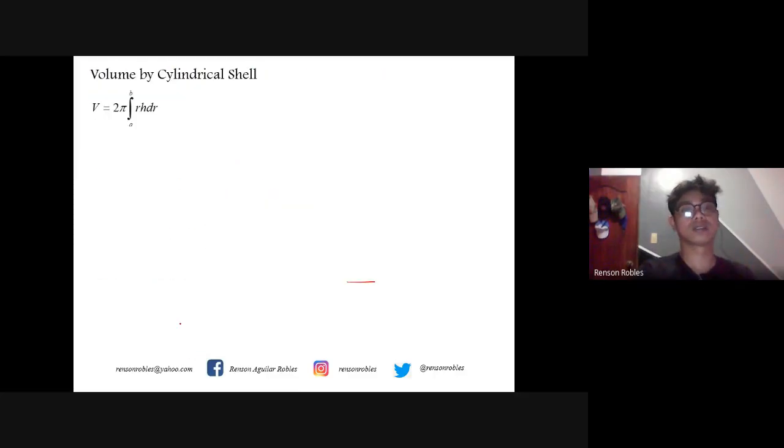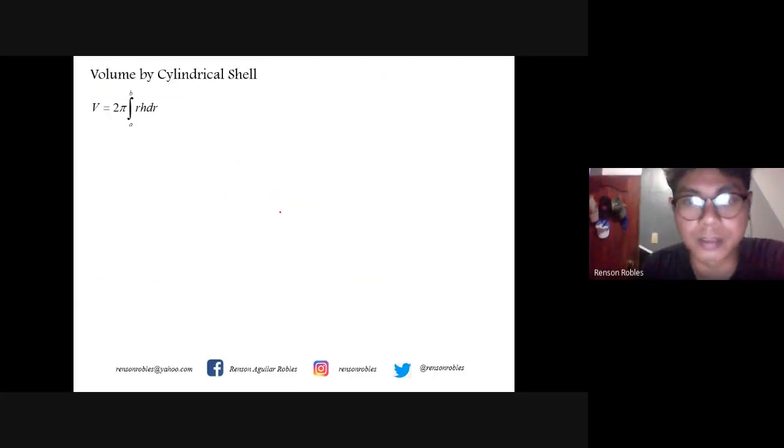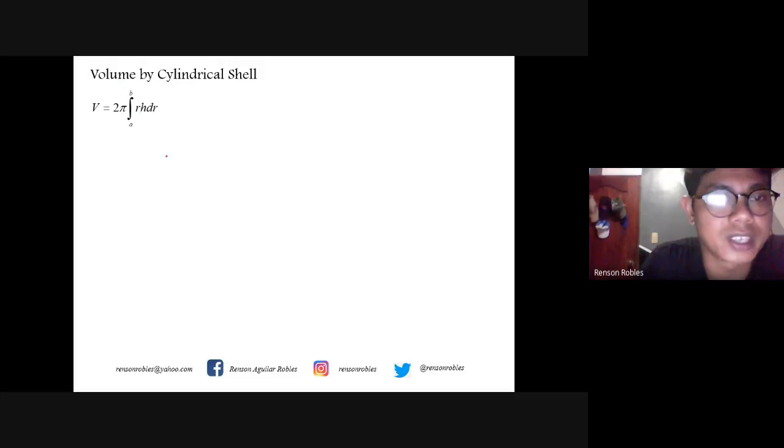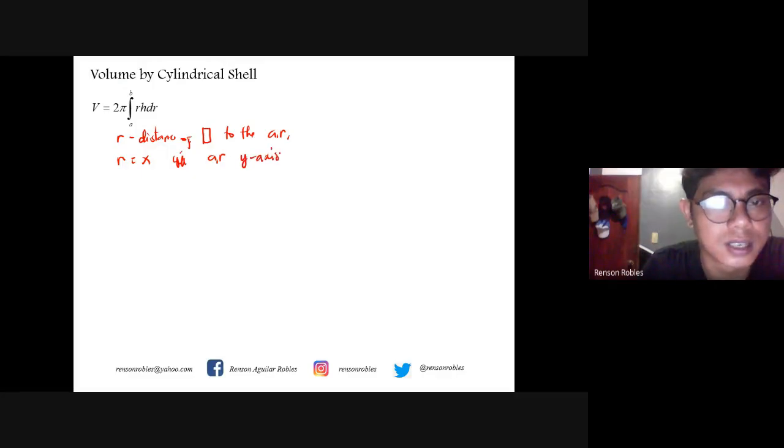Then you remember this one, 2 pi r h dr. So r is the distance of the element to the axis of revolution. And r is equal to x if the axis of revolution is the y-axis, and r is equal to y if the axis of revolution is the x-axis.